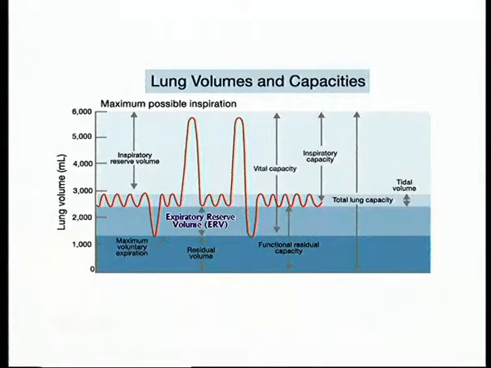This volume is called ERV, expiratory reserve volume. It is the volume of air that can be exhaled by a person forcefully except the tidal volume. After 500 ml, a person can also remove 1100 ml of air from this 2300 ml.